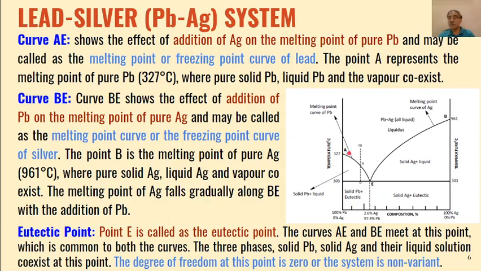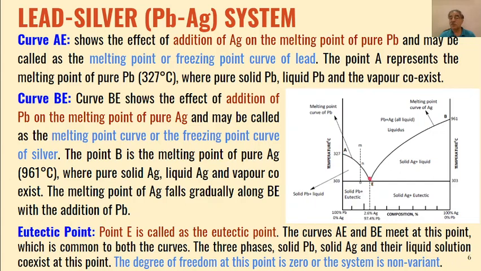As we move from here to here, the pure lead will be in equilibrium with the liquid solution and silver. This curve is called the melting point or freezing point curve of lead.